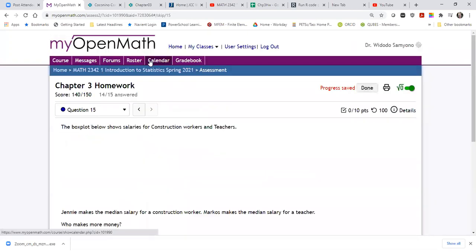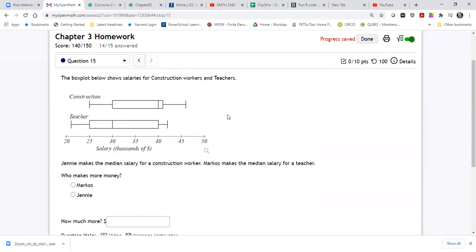And the last one will be comparing the salary. Yeah. So Jenny's median salary as a construction worker. The construction worker median salary will be this one, right? And then Marcos makes the median salary for the teacher, which is this one. So if you compare this one with this one, the difference will be 10,000, right?